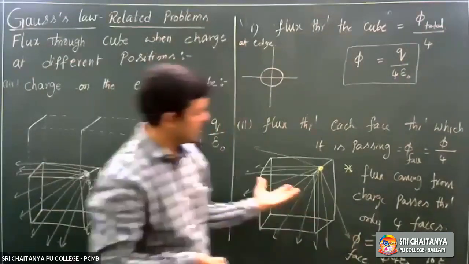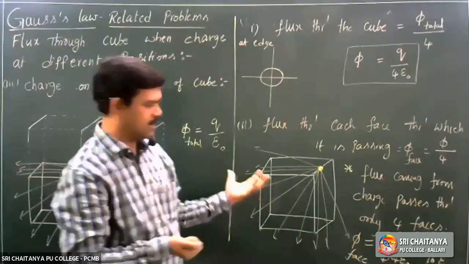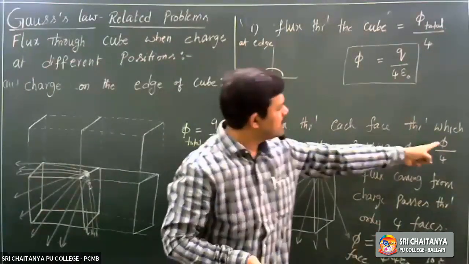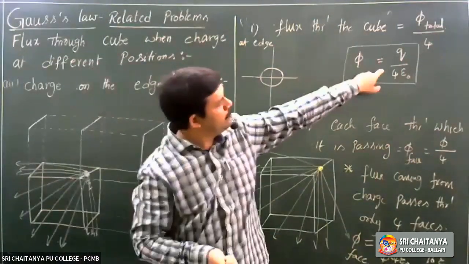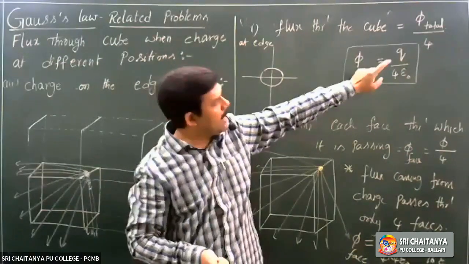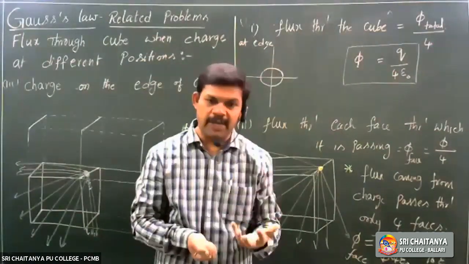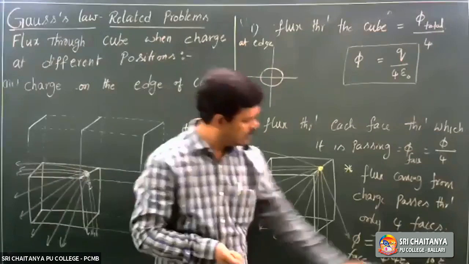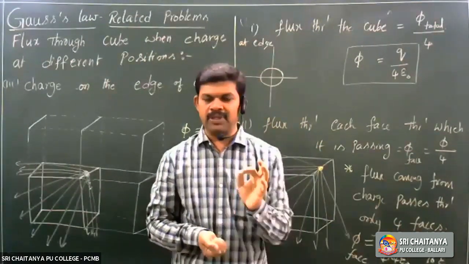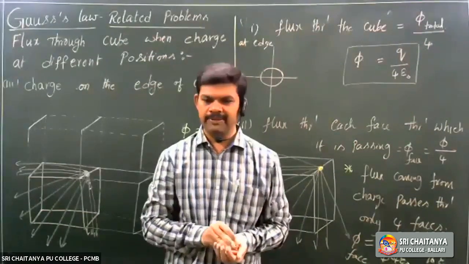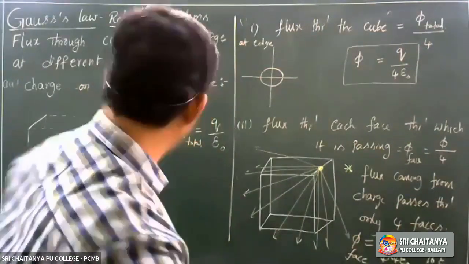So effective faces through which flux passes are 4. This is the flux entering the cube, and that flux is shared by 4 faces. So through each face, Q by 16 epsilon naught. Clear? Next.